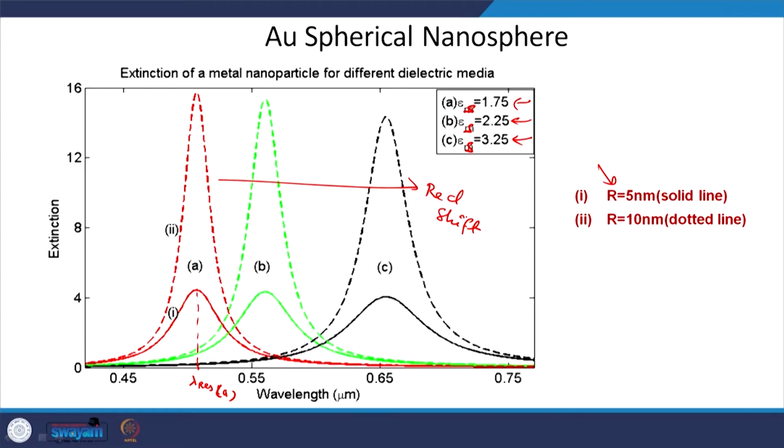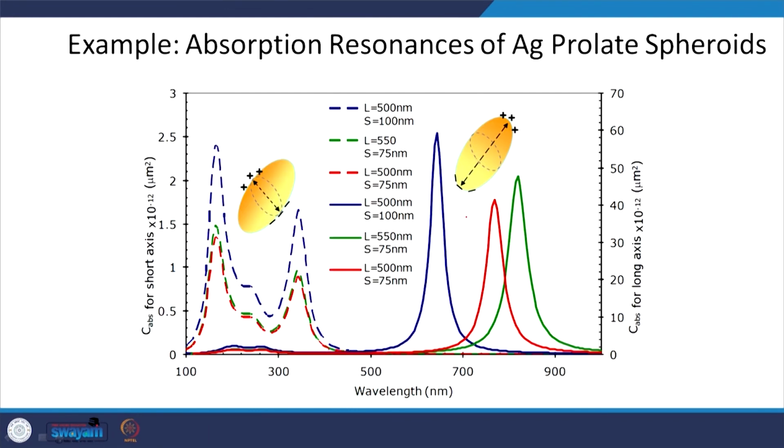However, if you change the dielectric constant of the medium which is surrounding the nanoparticle, so if you change the refractive index around, basically you see that once you increase the refractive index, it shows a red shift. Okay. So, that is how you use it for sensing.